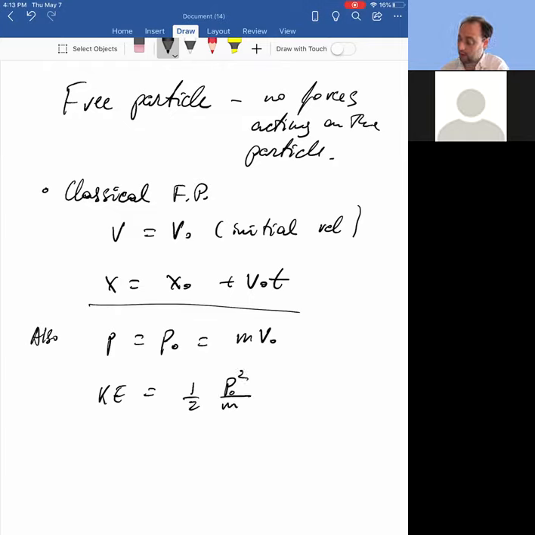So it's p initial squared over m, which is m squared v naught squared over 2m. So that's just 1/2 m v naught squared. No surprises here. Okay, so that's a full description.